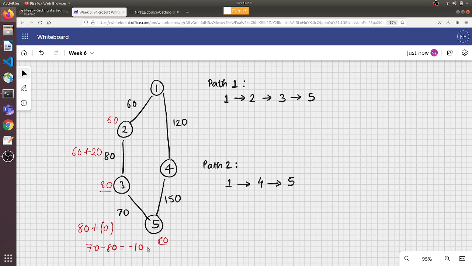If we took the other path through 2, then it would be 120 here, and then it becomes 120 plus 150 minus 120, which is 150, so 150, and the optimal one is 80.